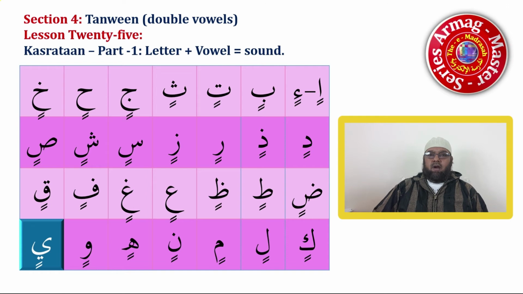Excellent. Now we're going to test ourselves and see if we have grasped today's lesson. And we all know the rule is a 5 seconds rule. Okay, so let's see what the first letter is.